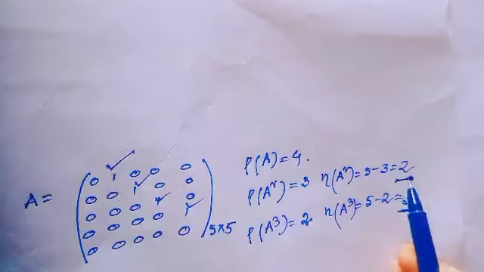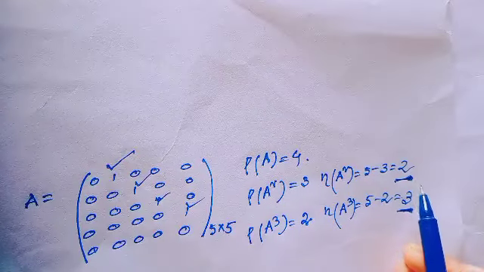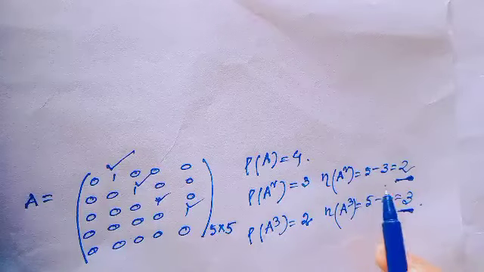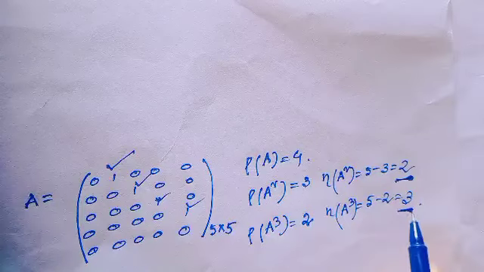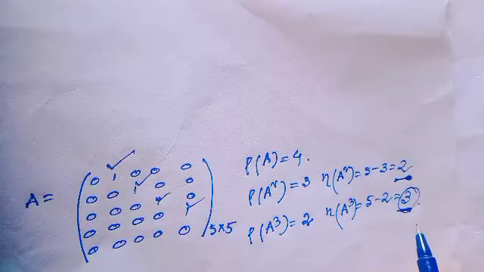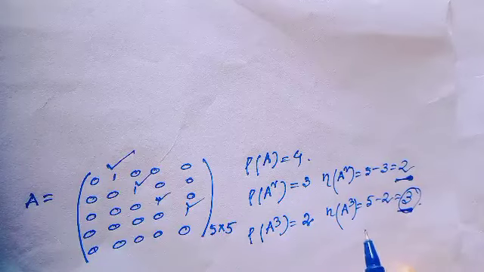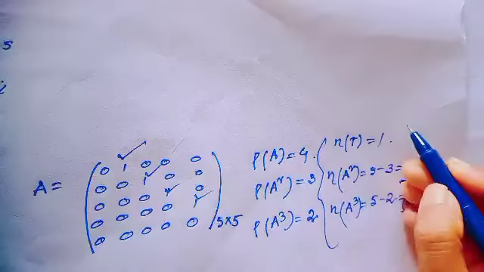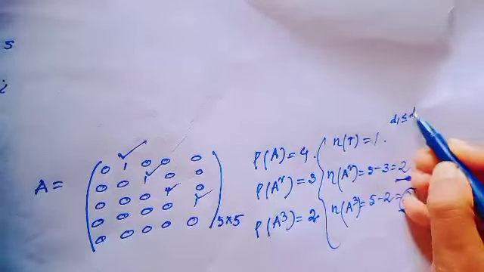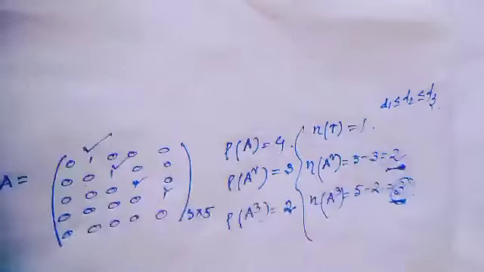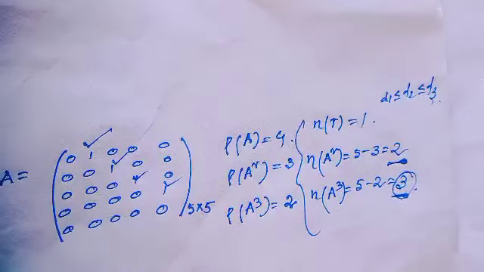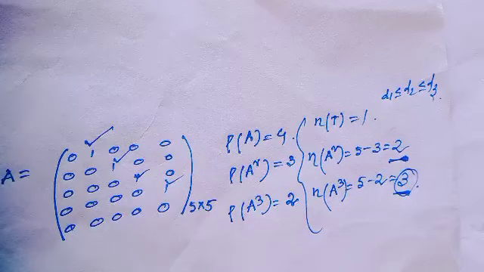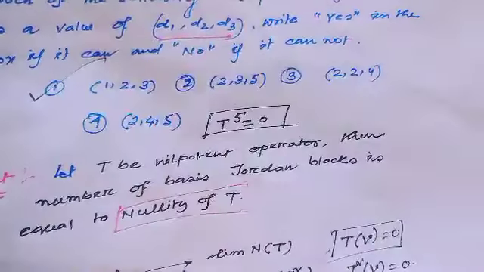Notice nullity of A square equal to 2 means there exist 2 blocks for the transformation A square, and nullity of A cube equal to 3 means there exist 3 blocks for A cube. Are you getting? From this observation, it is true that d1 is contained in d2, and d2 is contained in d3. Are you getting the geometry? This is very nice geometry. Option 1 is the right option.